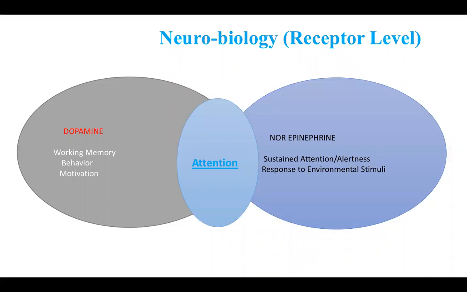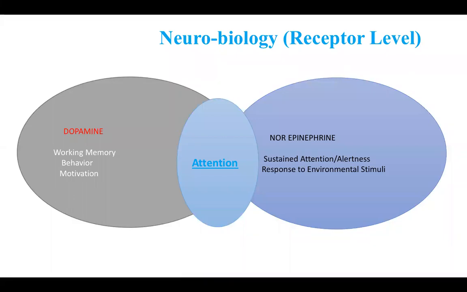And what are these four hormones? D stands for dopamine, O stands for oxytocin, S stands for serotonin, and E stands for epinephrine. Amongst that, dopamine and epinephrine, or D and E, are crucial for attention too.